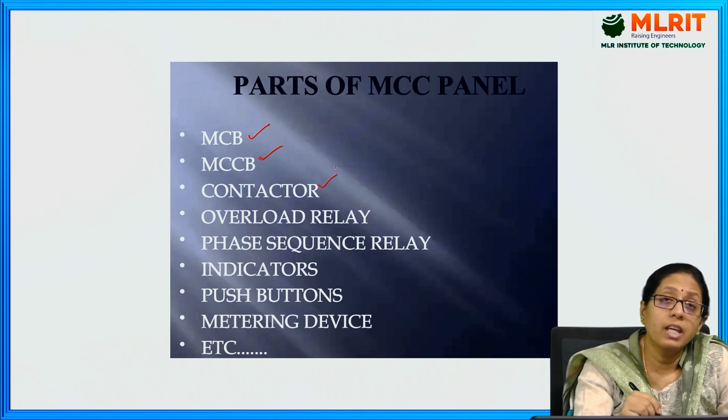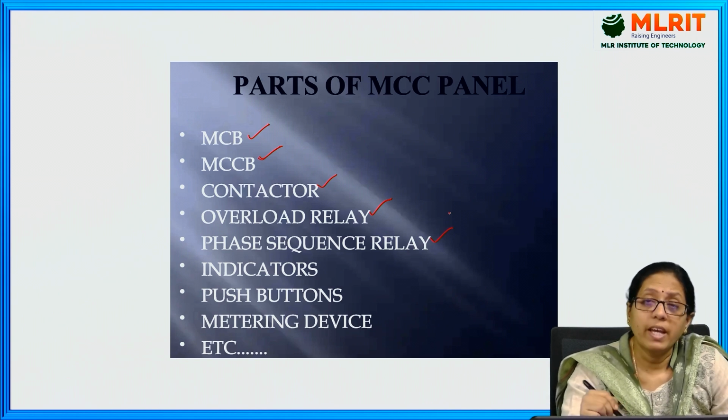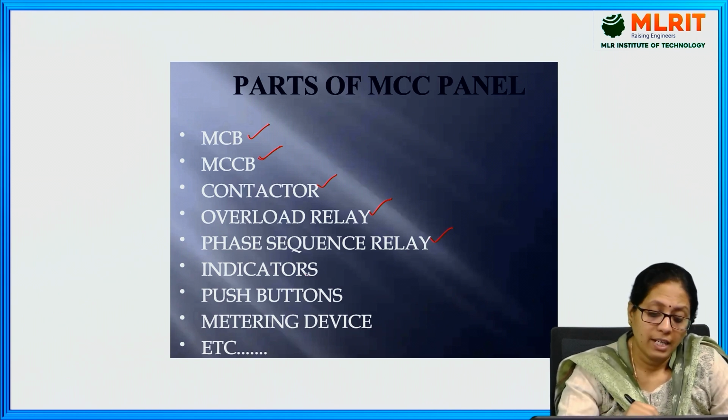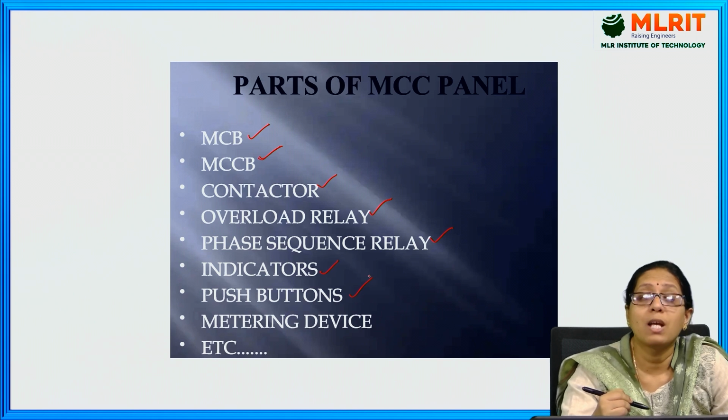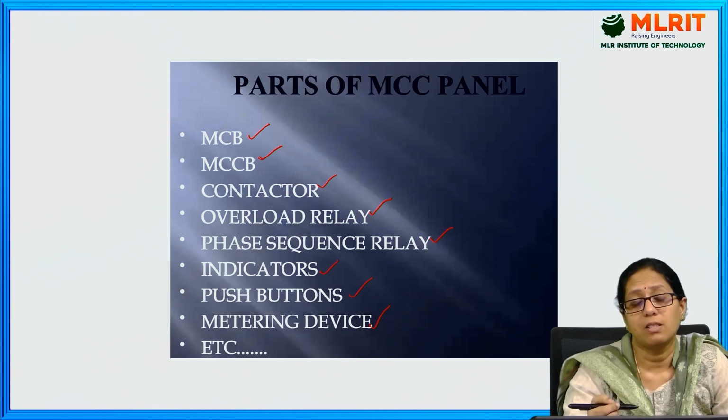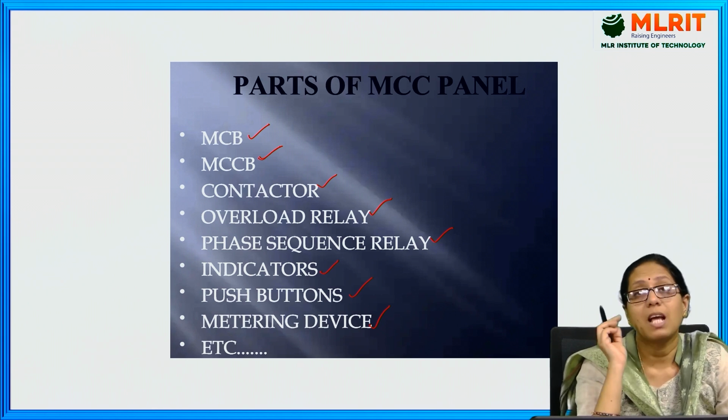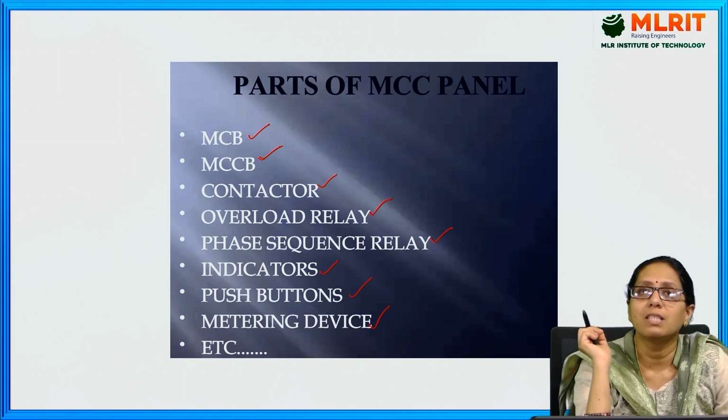You will be using the contactors, the overload relays as well as the phase sequence relays, indicators, and push buttons, that is to switch on as well as to switch off the device. The next one is metering devices and many other devices. So all these devices are used in the MCC panels.